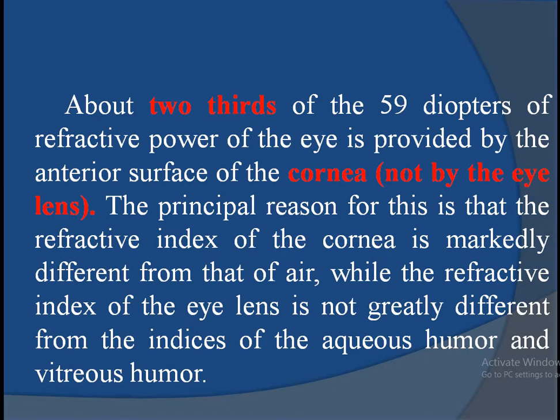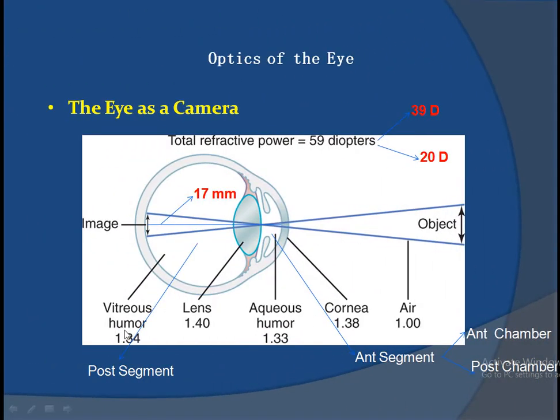The principal reason for this is that the refractive index of the cornea is markedly different from that of air, while the refractive index of the lens is not greatly different from the indices of the aqueous humor and vitreous humor. Once the light is inside the eye, that is now the denser media, then we have liquid media, here somewhat thicker media, but it is the gross change which occurs at the anterior surface of the cornea.